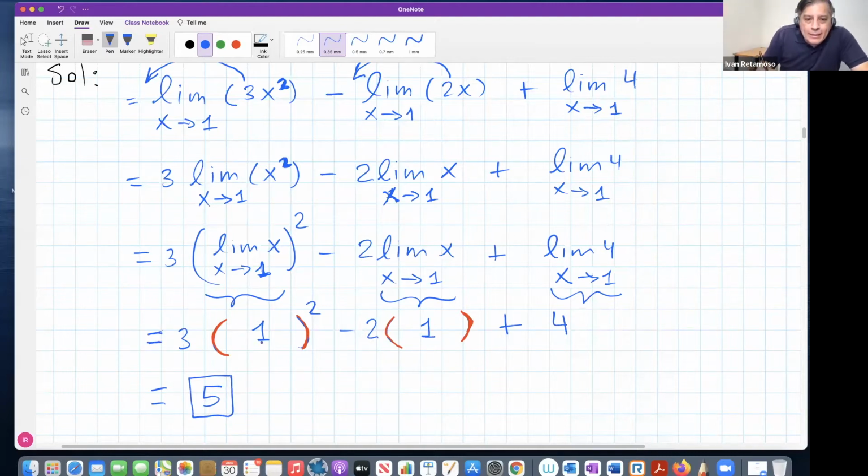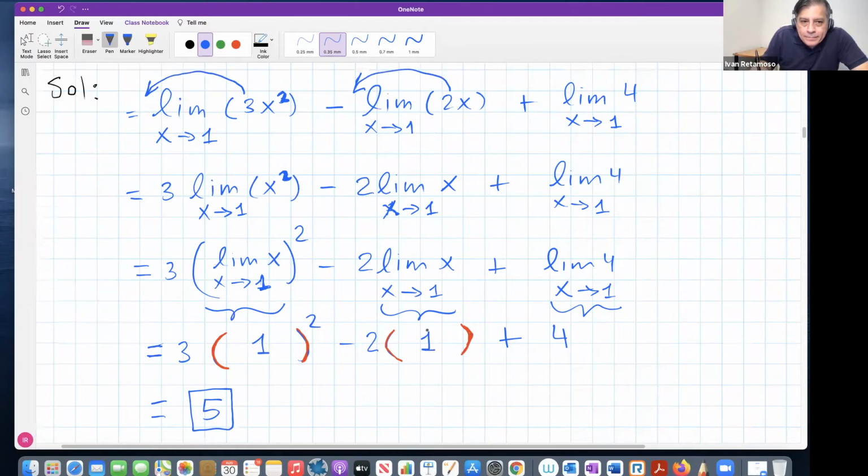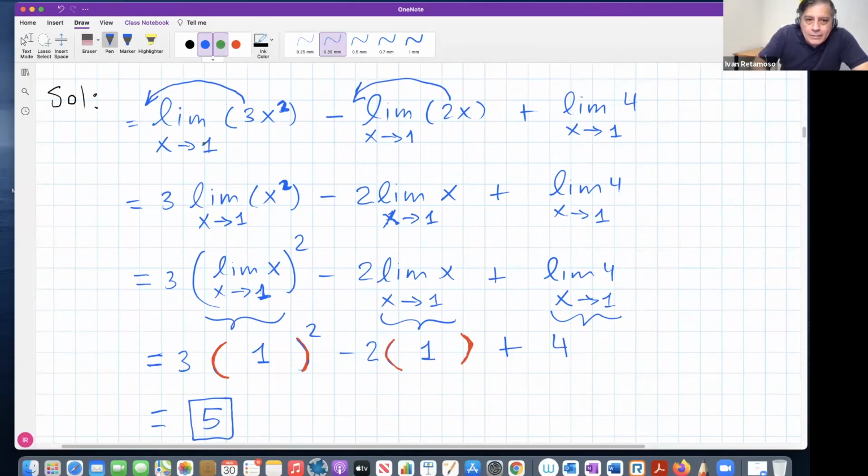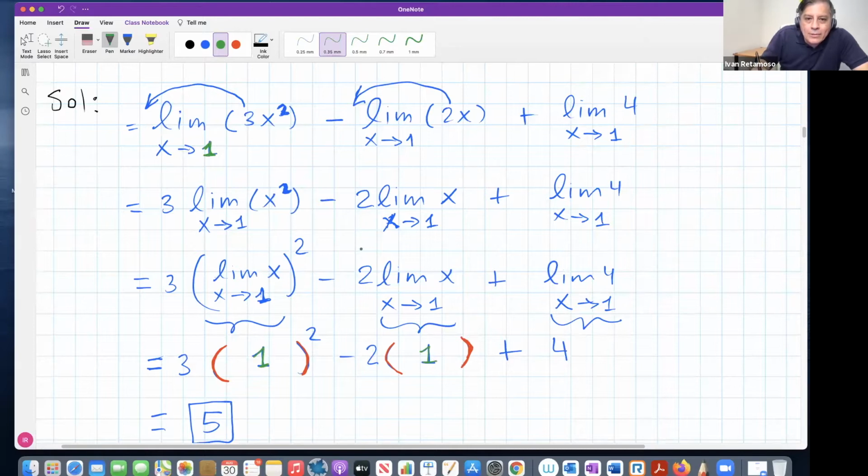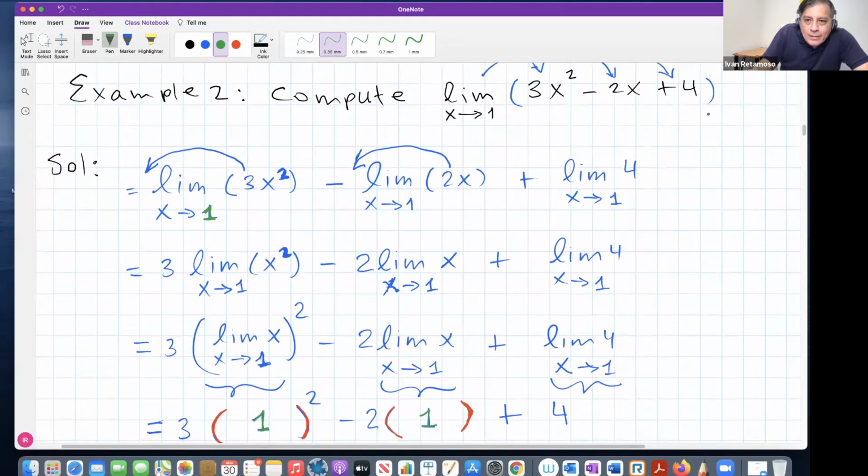But look at this parenthesis here, and look at this 1, 1. Try to make the connection here. This is just the structure of this polynomial, right?